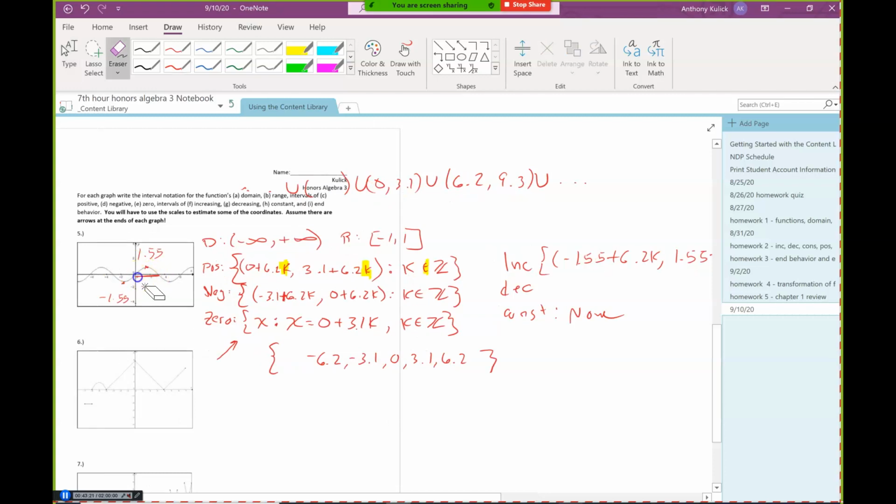For decreasing, let's use, say, this decreasing section. So that's starting at 1.55 and ending at 4.15.